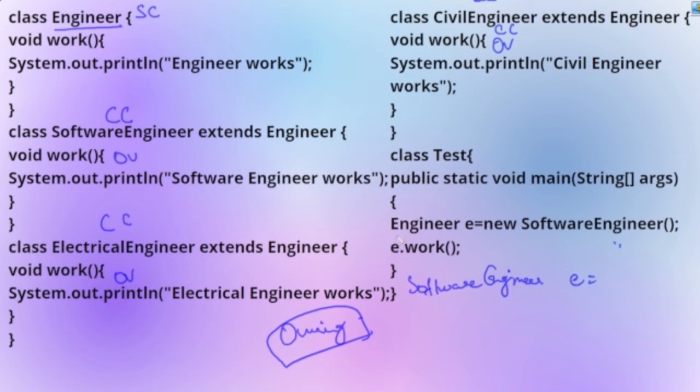But what we have done here, a slight difference, is that we have taken the superclass reference to create an object of our subclass. This is also right, and it is called upcasting. So now this example is showing you the concept of inheritance, upcasting as well as overriding.